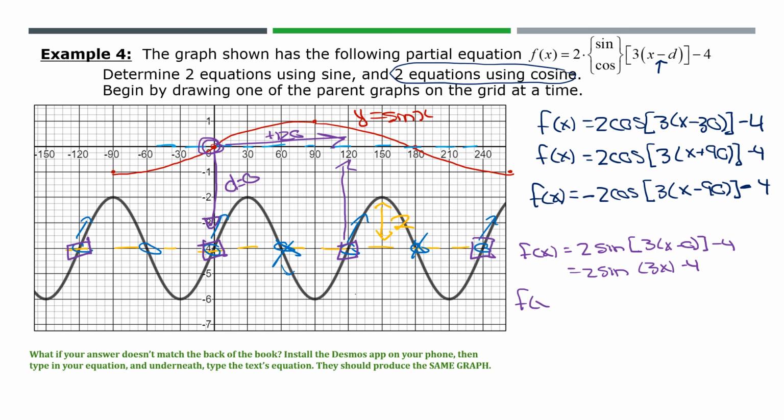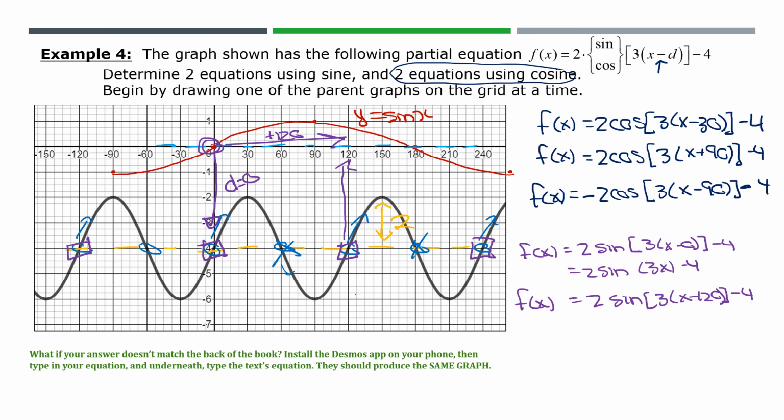We need a second equation, so I'm just going to pick the next one: 2 sine 3 times x minus 120, minus 4. So I only needed 2. I can stop there, but I am going to show you a negative one as well.